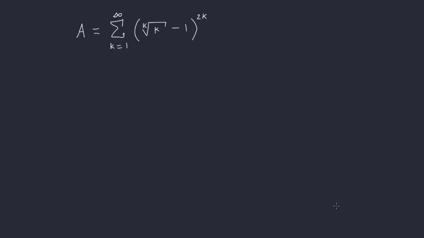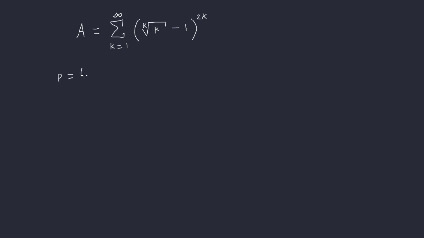Okay, so here's a series. I'm starting back at A again, where k is going from 1 to infinity of, now we have this kth root of k minus 1, all raised to the 2k. So this may be a little bit of work here, but hopefully not too much. I'm going to try the root test.